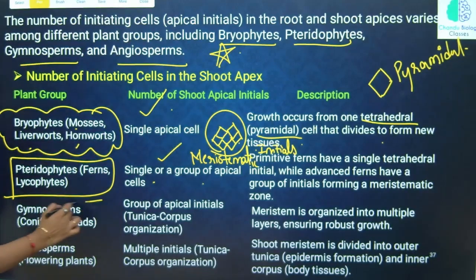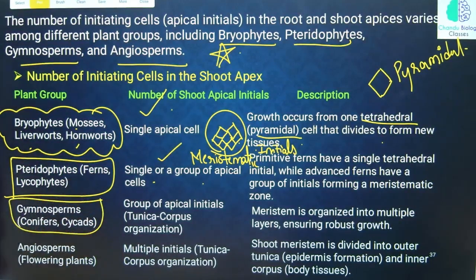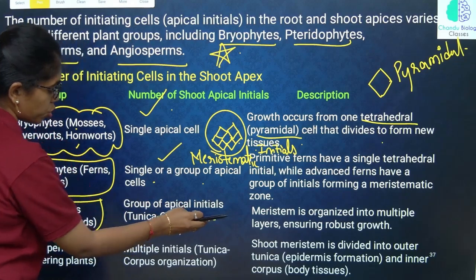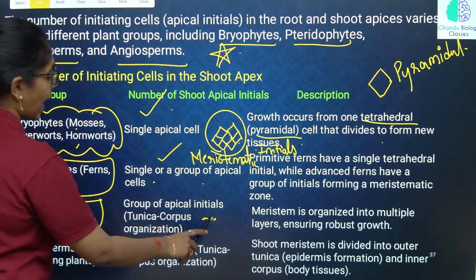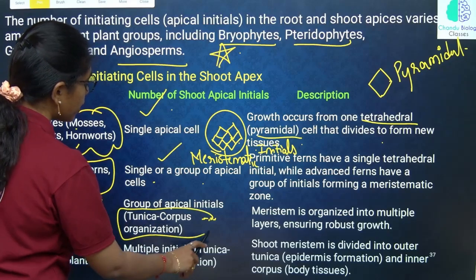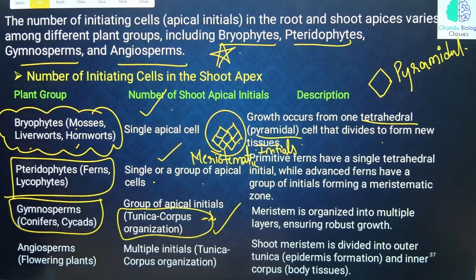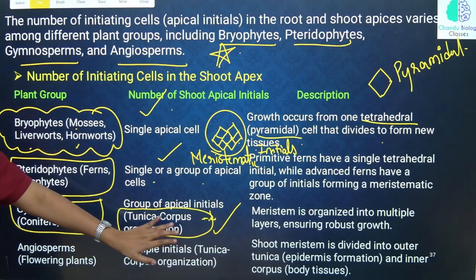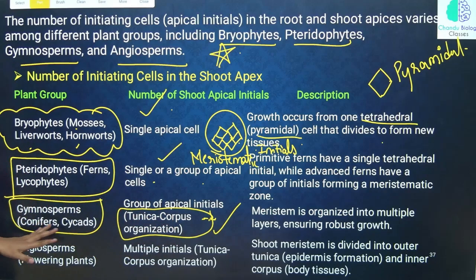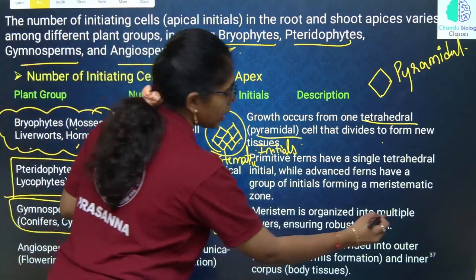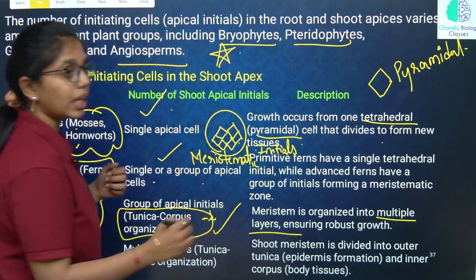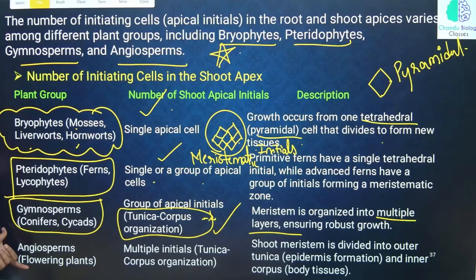Then gymnosperms, which include conifers, cycads and pinus, wherein a group of apical initials are in what organization? Tunica-corpus organization. We will learn it in a more descriptive way. In gymnosperms, meristems are organized into multiple layers, that is tunica and corpus.